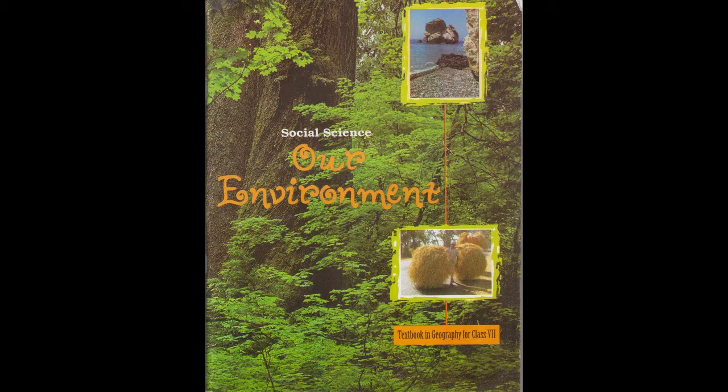Due to continuous erosion and deposition along the sides of a meander, the ends of the meander loop come closer and closer. In due course of time, the meander loop is cut off from the river and forms a cut-off lake, also called an oxbow lake.